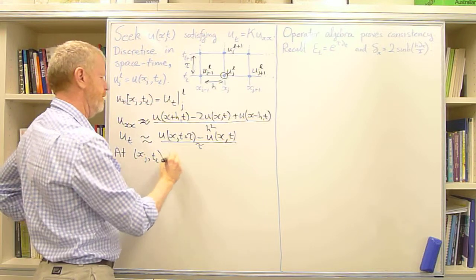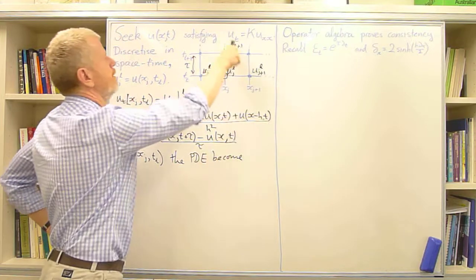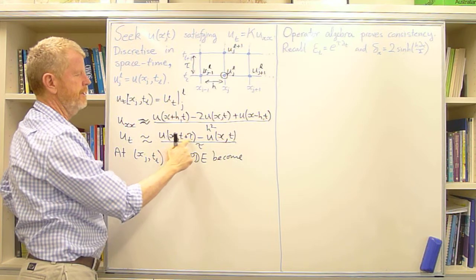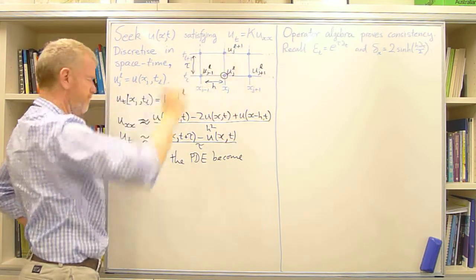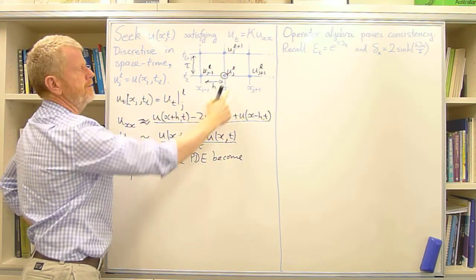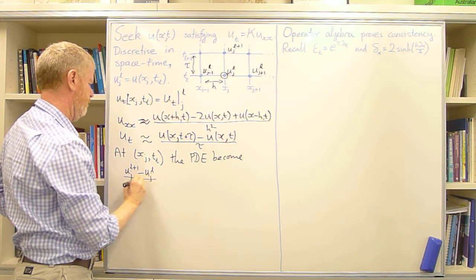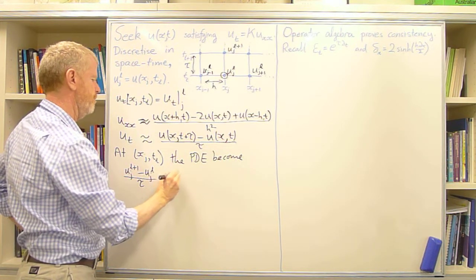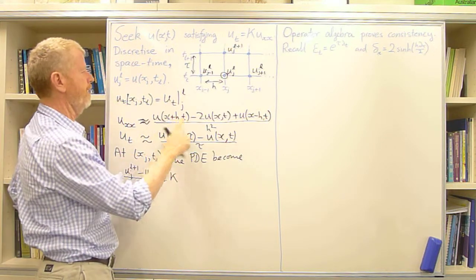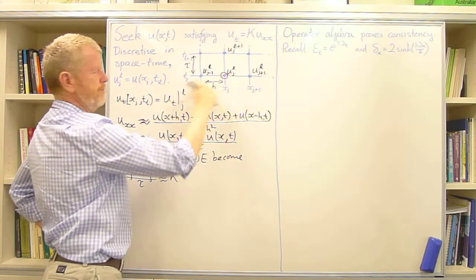So the PDE becomes du dt at that point, that is u at x, t plus tau, so that's u j l plus 1, minus u at x, t, which is that point, so that's u j l, divided by tau, and that should be equal approximately to k times the two space derivatives, which is this expression, the second difference in space among these three values.